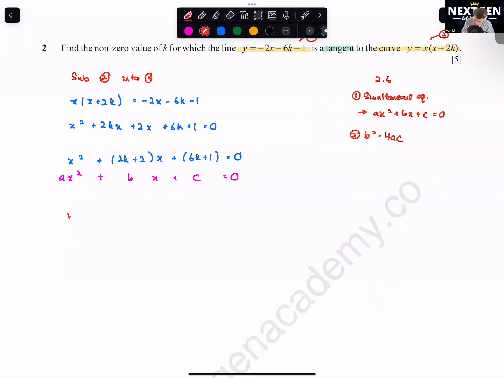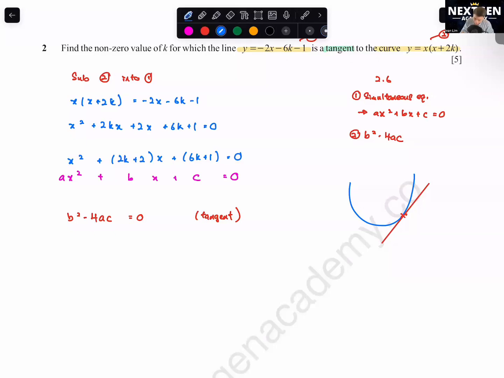Step 2, now because they say it's tangent, tangent means b squared minus 4ac equals 0 because the line and the curve touch at one point only. Like this. It touches at one point. So this is a relationship.